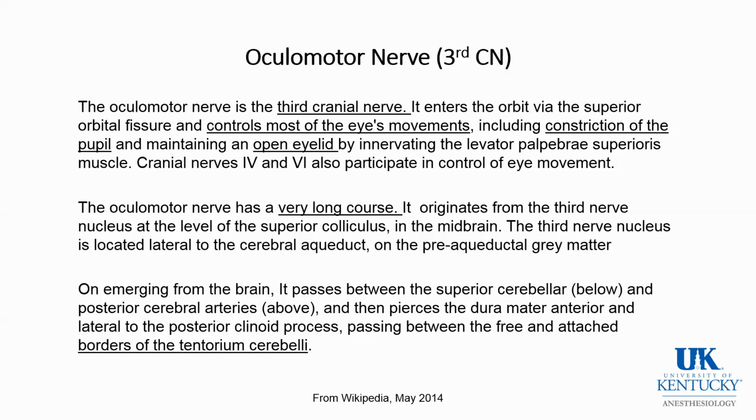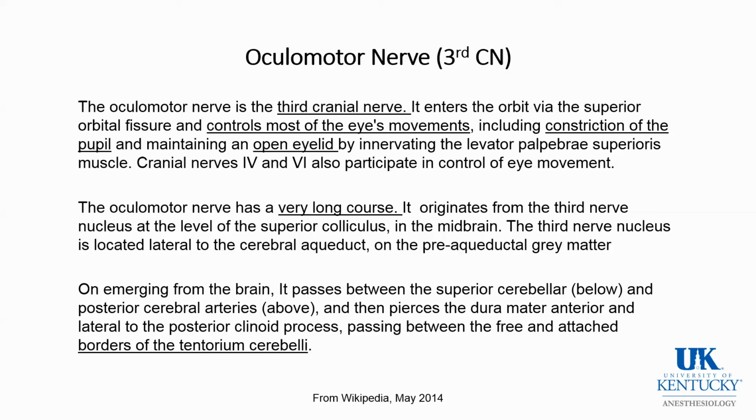It has a very long course and is at risk of compression during hydrocephalus. For this reason, it is an important contributor to the dilated pupil that is often encountered with severe hydrocephalus.